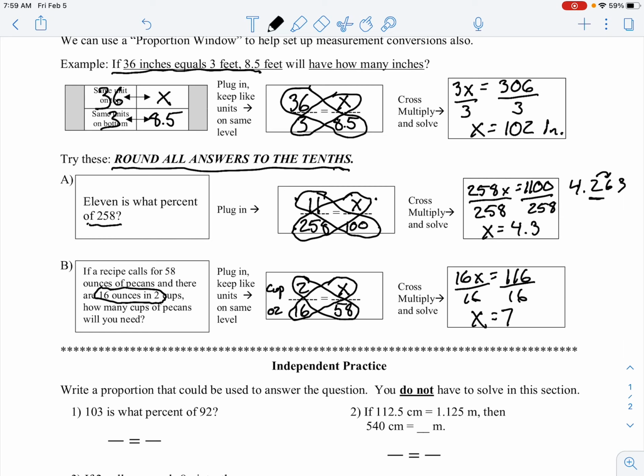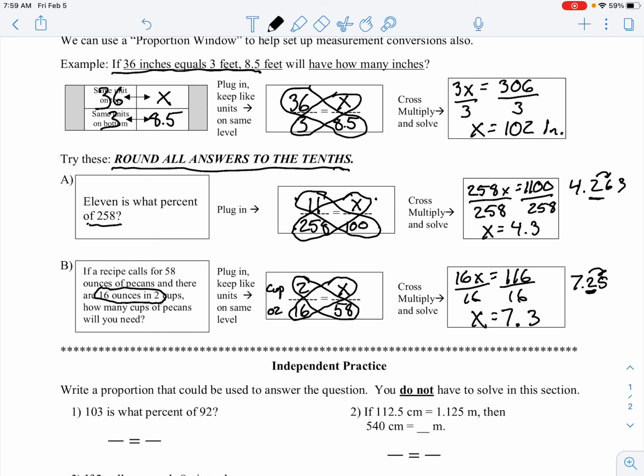But this is telling us to round to the tenth, right? So if we're rounding to the tenth, we look to the right one, it is 5 or bigger, so that's going to turn to about 7.3. So 58 ounces is about the same as 7.3 cups here.